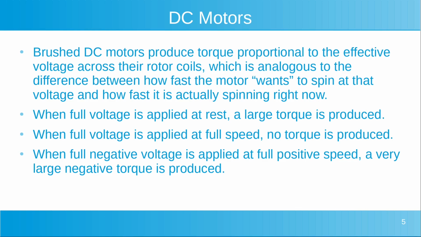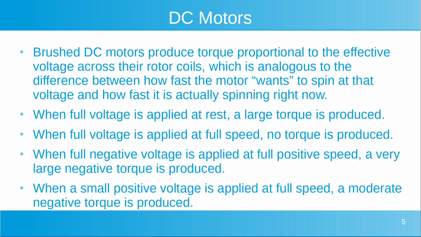When full negative voltage is applied at full positive speed, a very large negative torque is produced. And when a small positive voltage is applied at full positive speed, a moderate negative torque is produced, slowing the motor down. Watch ElectroBOOM's video for a more in-depth explanation of this. He has some really good visuals and explanation that I don't think I can improve on, so I'll leave a link down in the description.